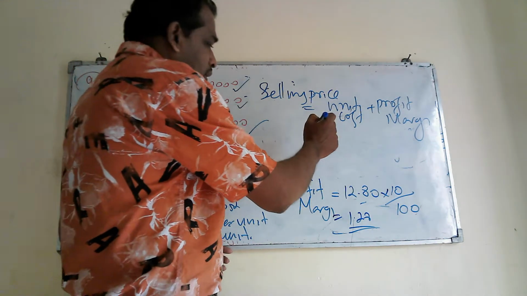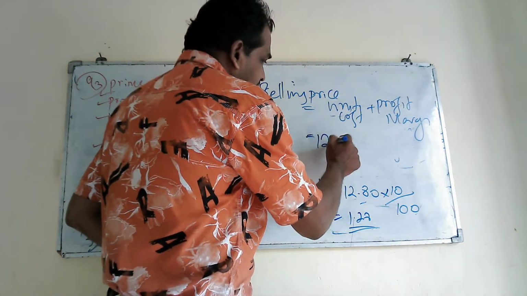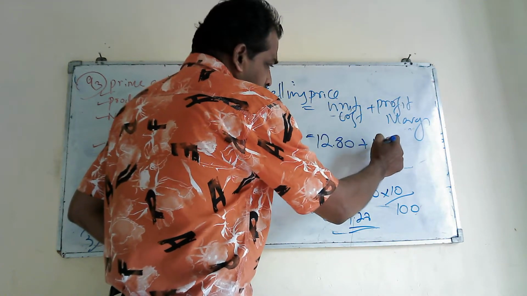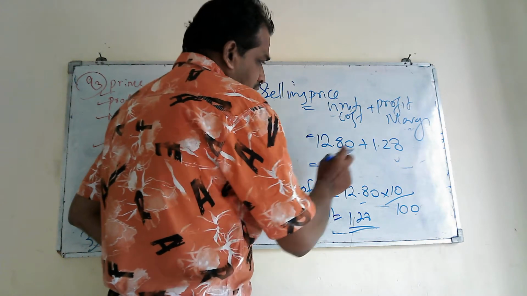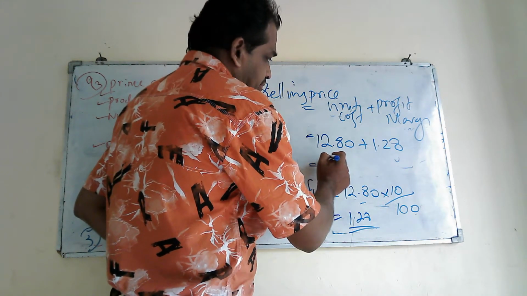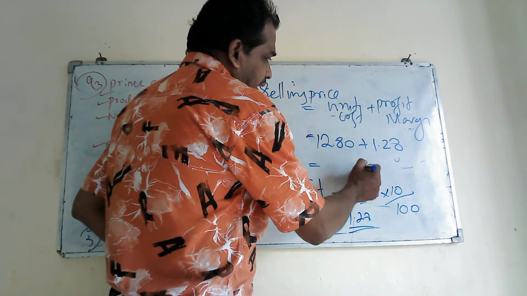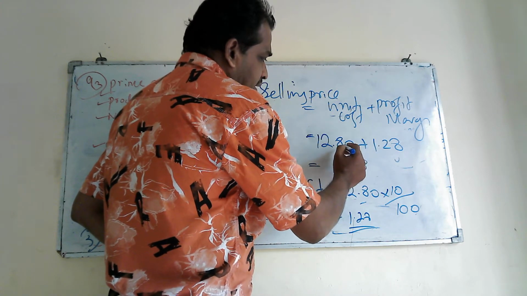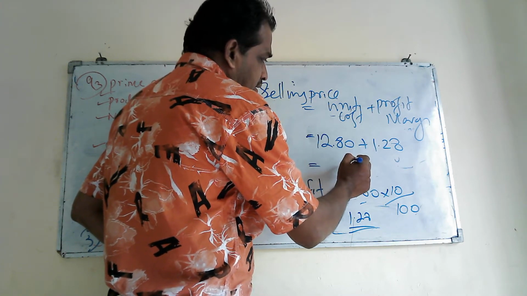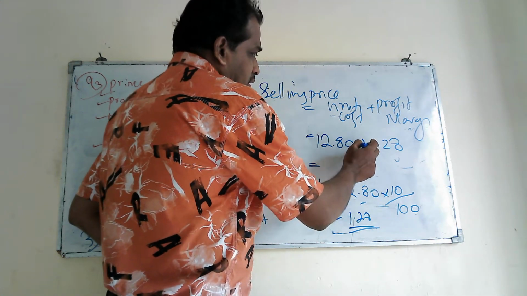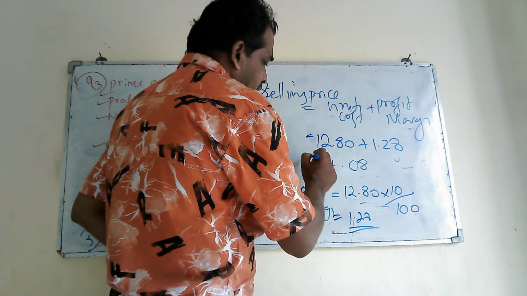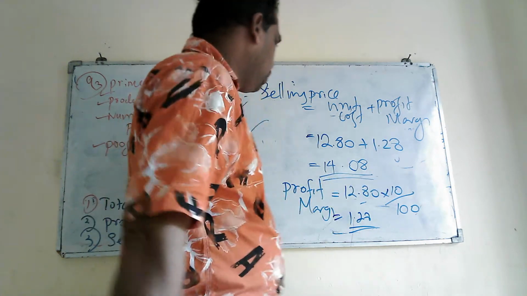Right. Your unit cost is 12.8 rupees plus profit margin 1.28. Then you can add these two and get 14.08.